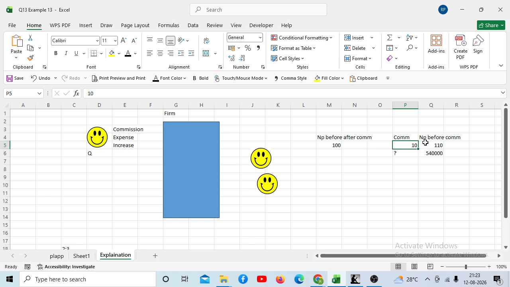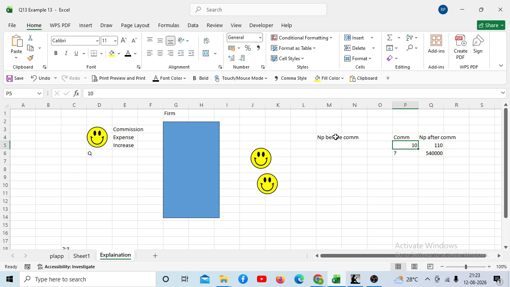So what will be the profit before commission? 110. Let me put it this way: net profit before commission and net profit after commission.